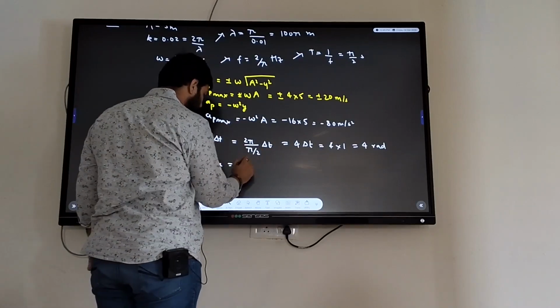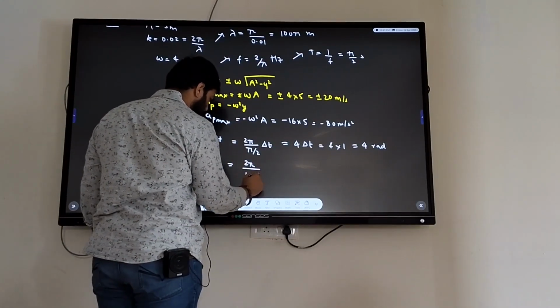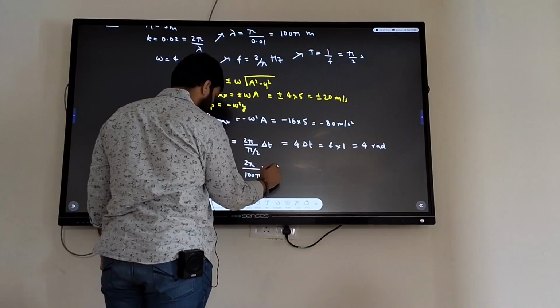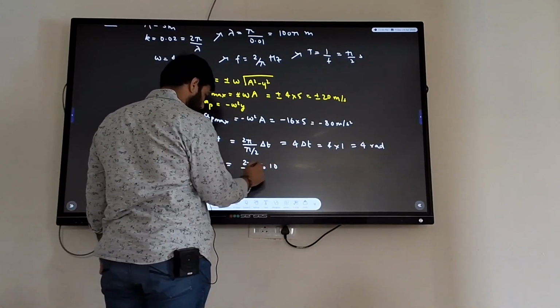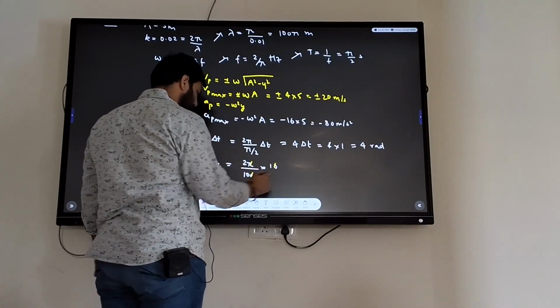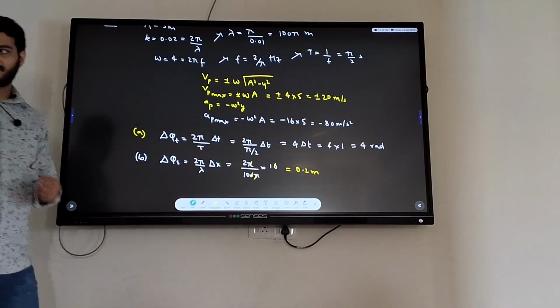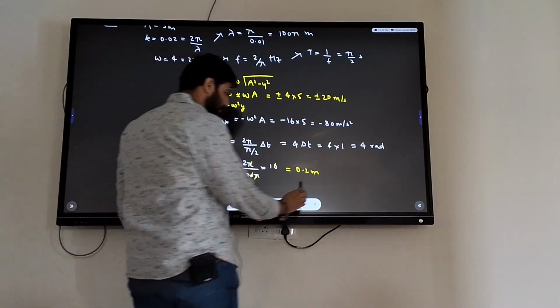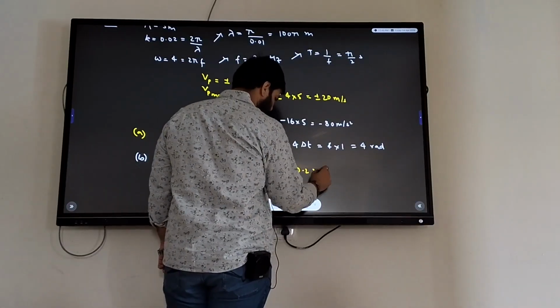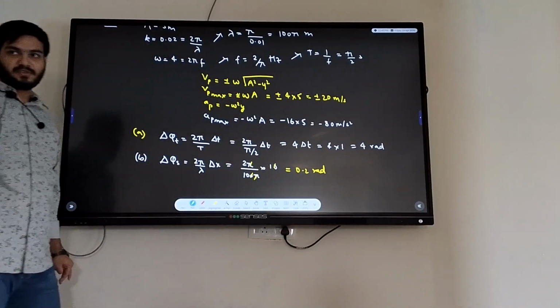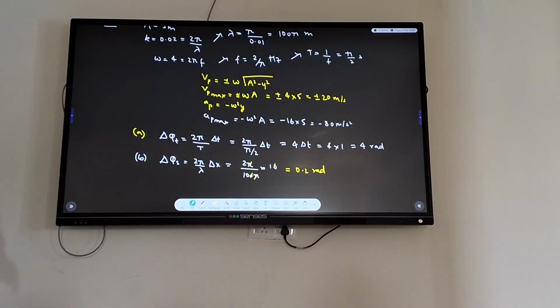So 2 pi by 100 pi into 10, what will this be? pi गया, 2 by 10. अच्छा, 0.2 ही इसका. सही. अब मीटर लिख दिया, should be radians. Is it correct?